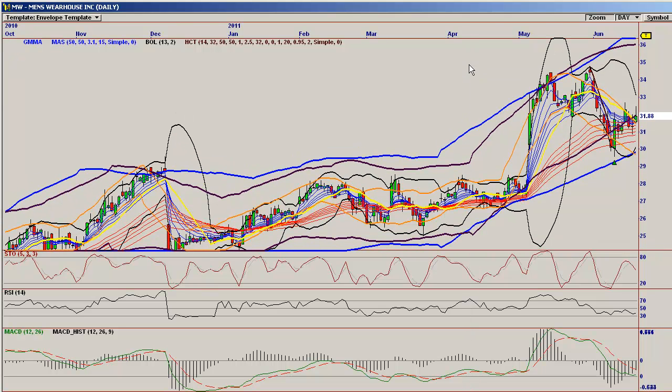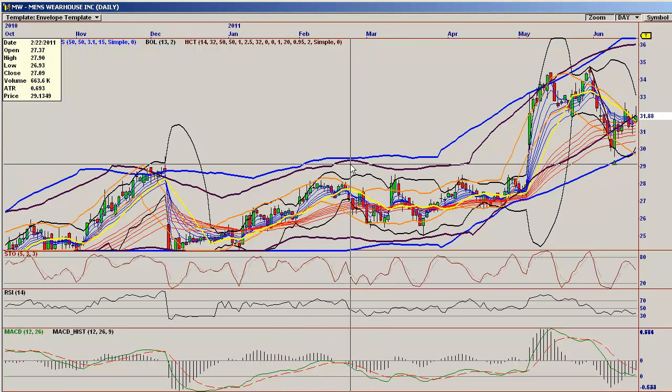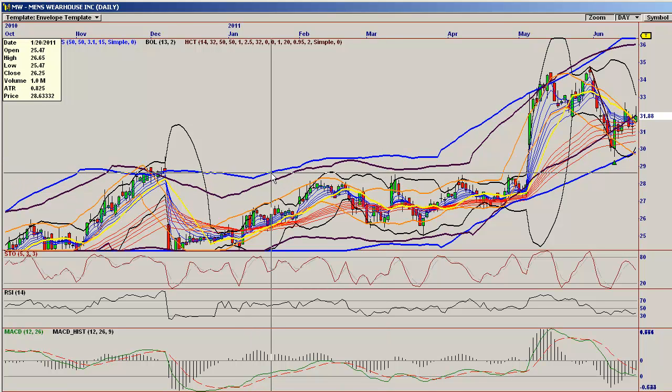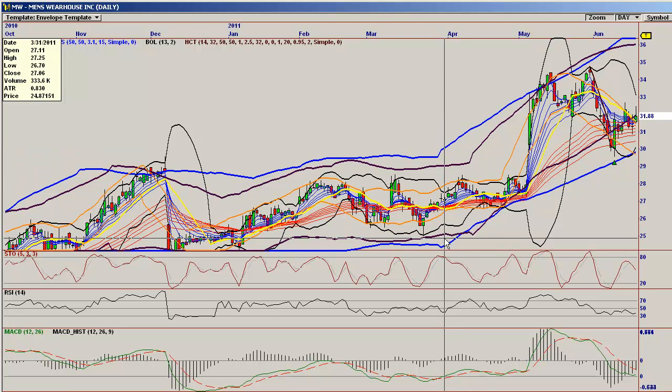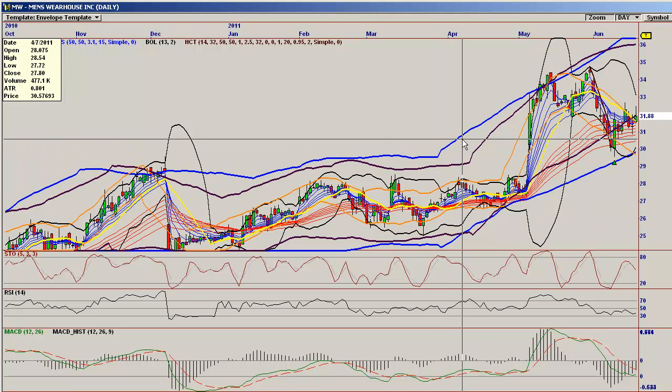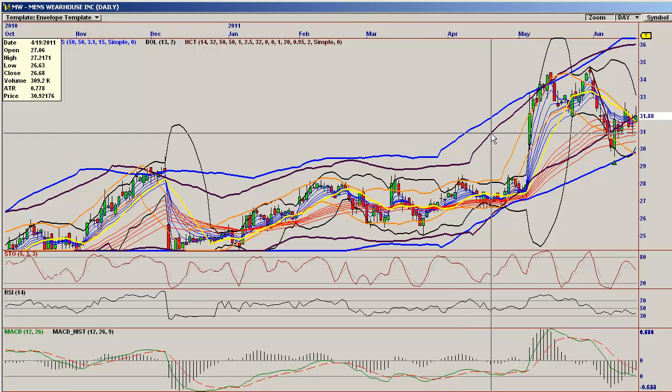roundabout, almost a year, and we have the minor trend floating about inside the major trend, which is also inside the extreme trend. Now, when all of these are pointing in a singular direction, we know that a trend is underway.